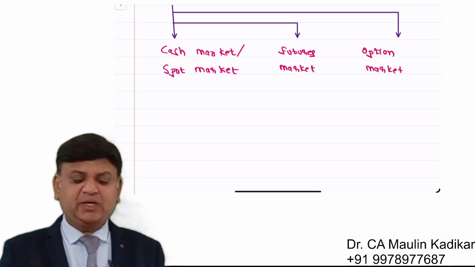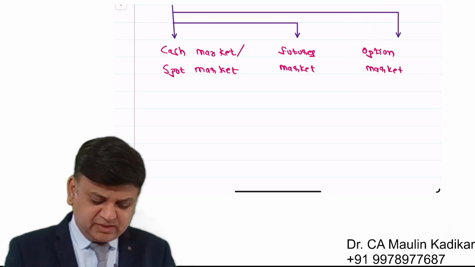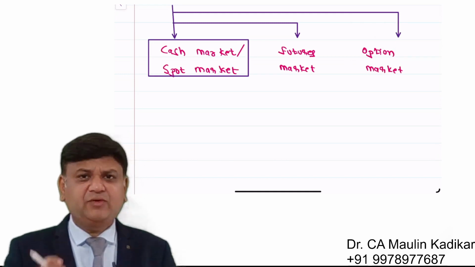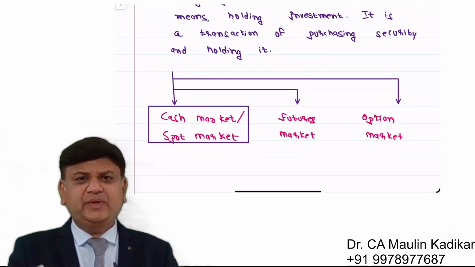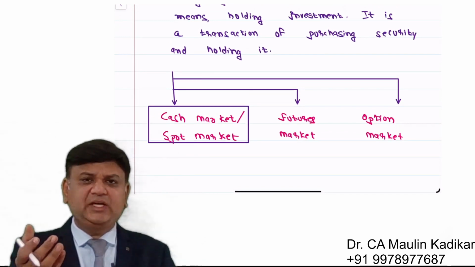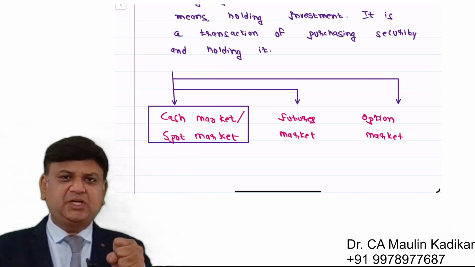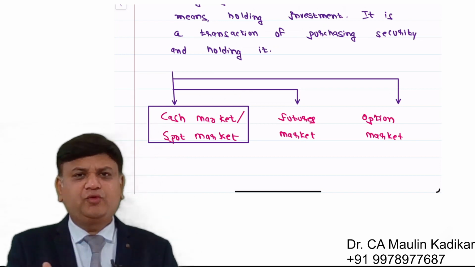As far as the cash market or the spot market is concerned, in simple language, whatever transactions we enter into day to day, that is purchasing of Reliance, selling of Reliance, purchasing of TCS, selling of TCS. I purchase the shares, I hold them for some time period, then I sell them, I have a portfolio.